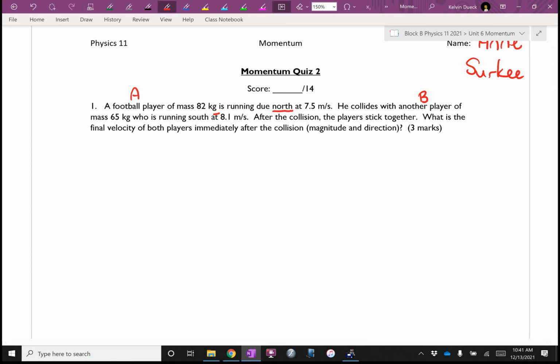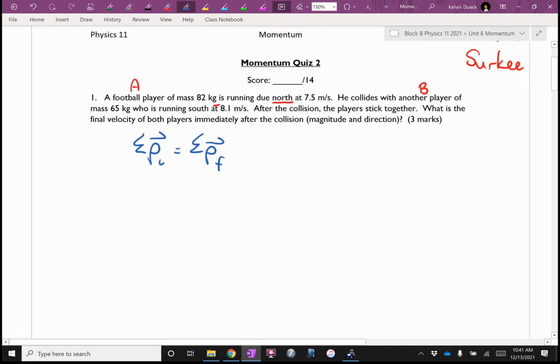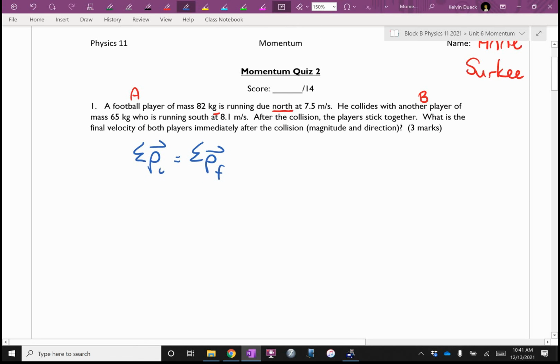This is a job for conservation of momentum. So I'm going to start out by writing the sum of all the momentum before the collision has to equal the sum of all the momentum after the collision. Before the collision, what's moving? I have mass A, velocity A initial, and mass B, velocity B initial.